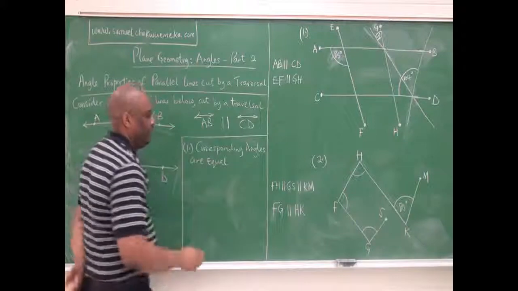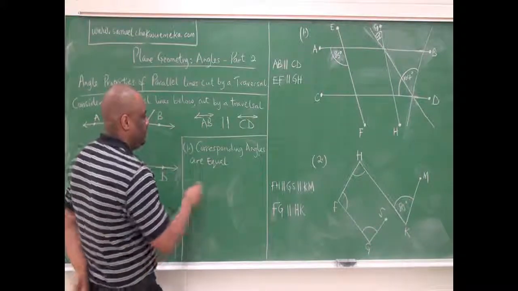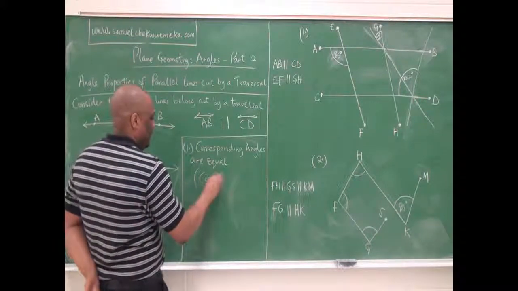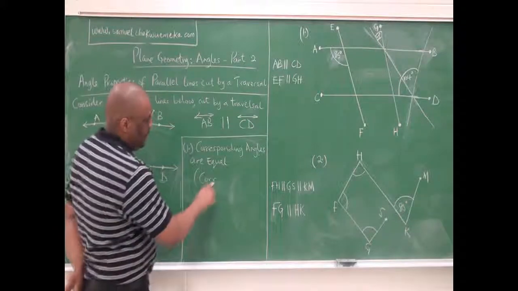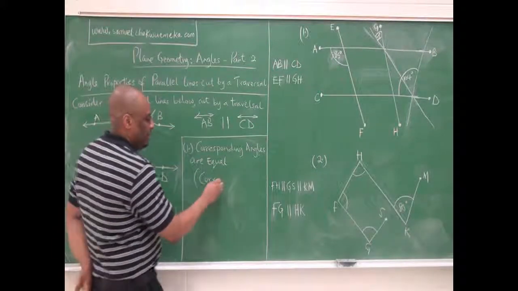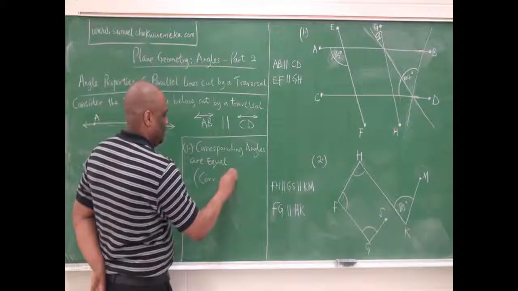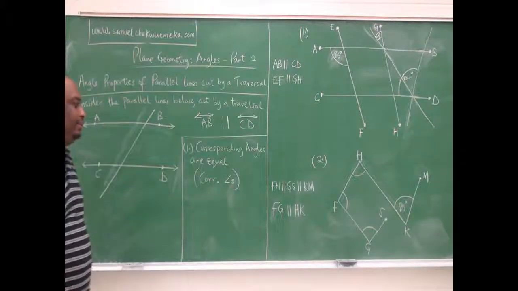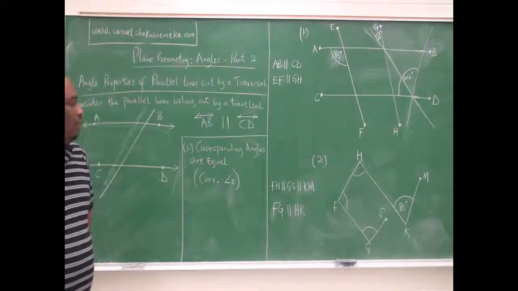That's the corresponding property, and in short form, if you see me write CO double arrow and a period, and I write angles, that's what I mean: corresponding angles are equal.